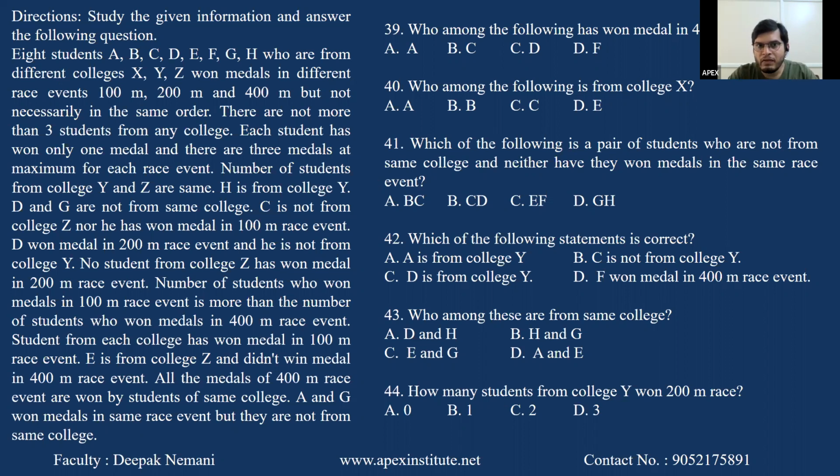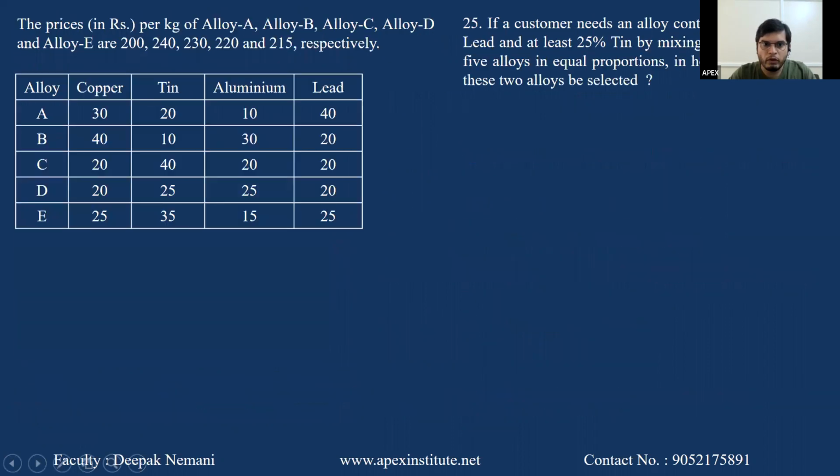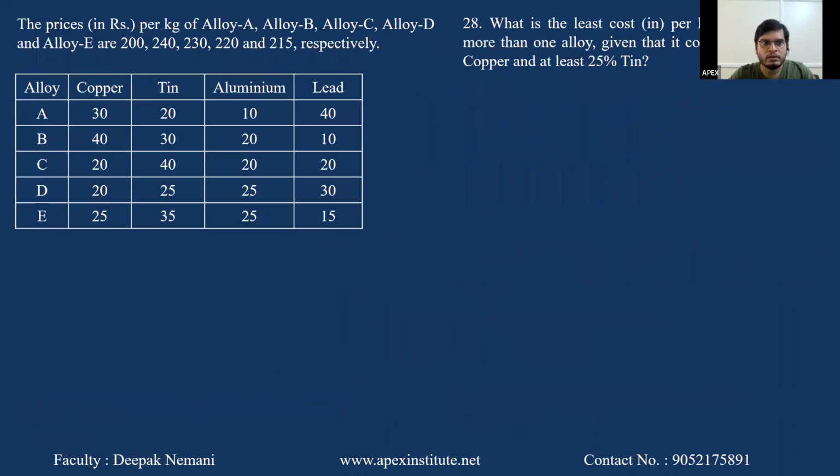And trust me, please wish for a paper of this difficulty. Please don't pray for a paper where you have easy questions, because everyone will be able to solve those. Okay, now let's move ahead and solve the sets of these papers. I will be coming to this set at last.